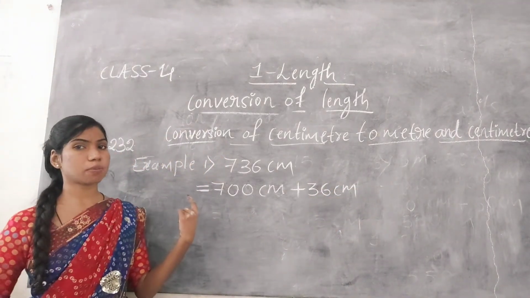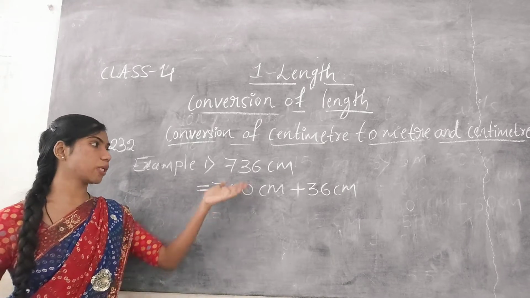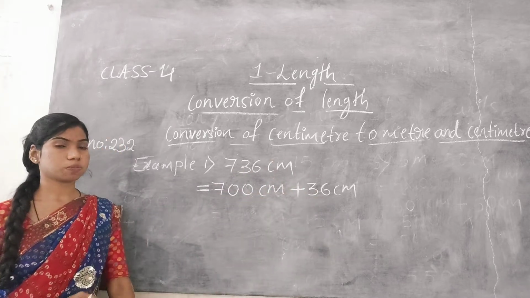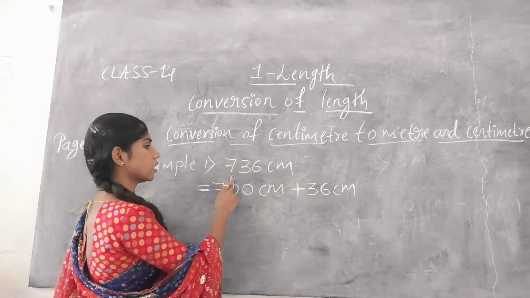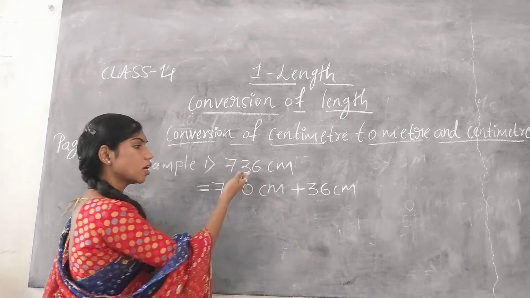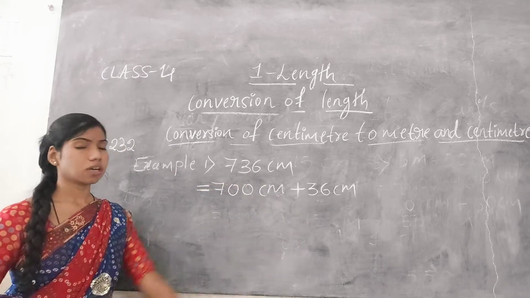We can split 736 like this. 700 plus 36 is 736.